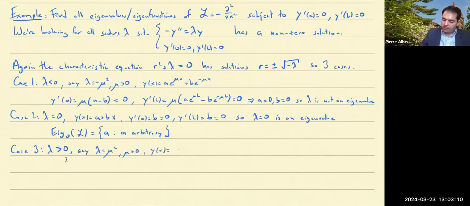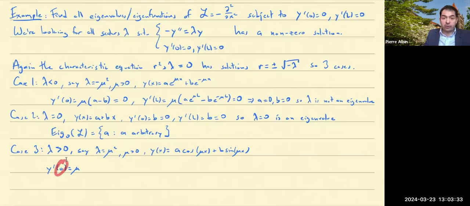Right? So y of x would be a cosine mu x plus b sine mu x. And the 2 boundary conditions, y prime of 0 would be mu times, so when I take the derivative of cosine, I get minus sine, and when I take the derivative of sine, I get cosine.